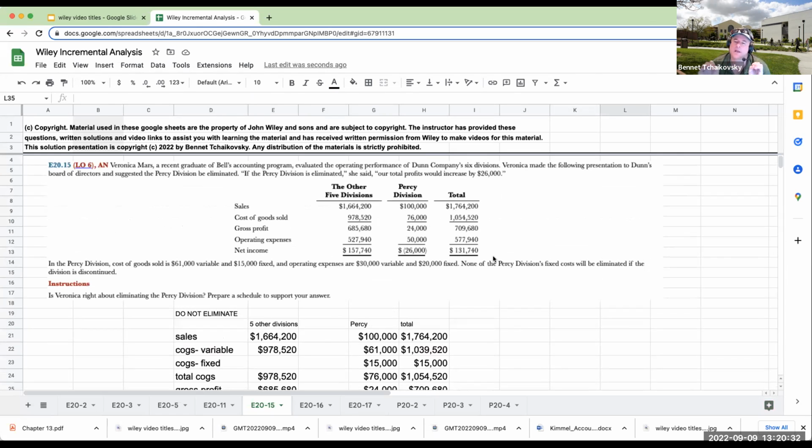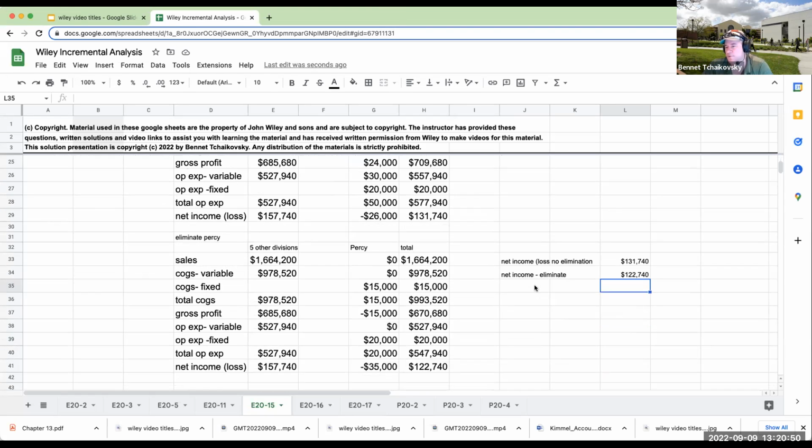And that's why when someone says our profits will increase by 26 grand, that is far from it, because you cannot get rid of fixed costs. There are other things that could make this a little different, but for this problem, this is what you would be going through and looking at.